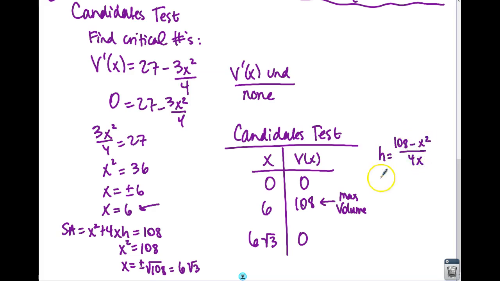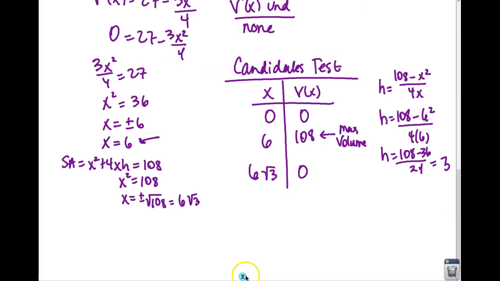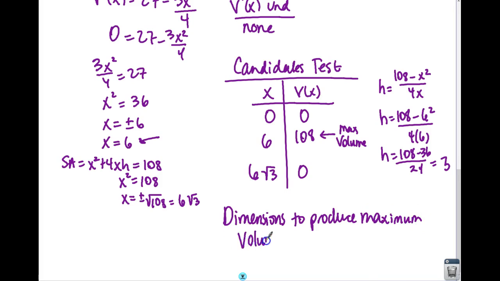So h is equal to 108 minus 6 squared over 4 times 6. So h is equal to 108 minus 36 over 24, 72 over 24, which works out to be 3. So my dimensions to produce maximum volume are 6 by 6 inches by 3 inches.